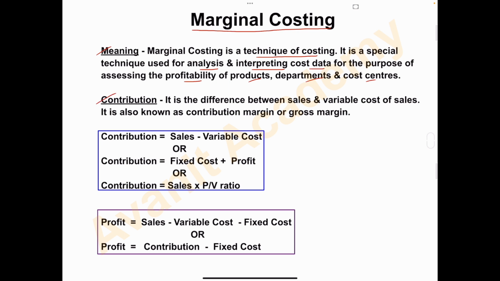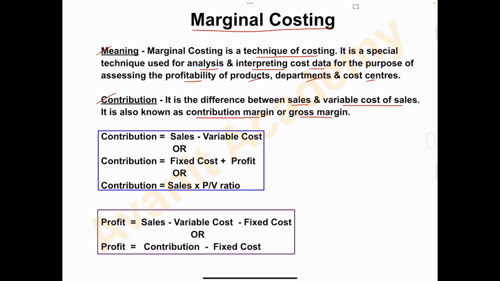Next is contribution. It is the difference between sales and variable cost of sales. And this contribution is also known as contribution margin or gross margin. Here are some formulas to calculate contribution and profit.